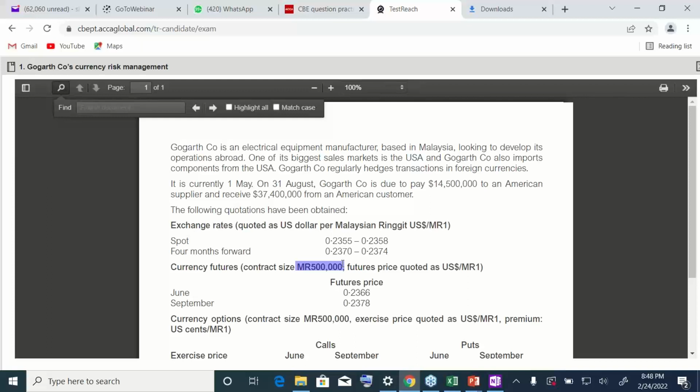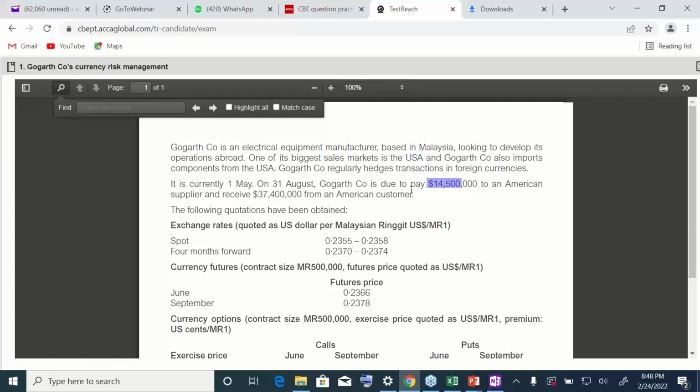Guys, whenever you want to identify whether you are going to buy or sell future, always think according to the contract size currency. As you are sitting in Malaysia and receiving dollars, you will sell the dollars.